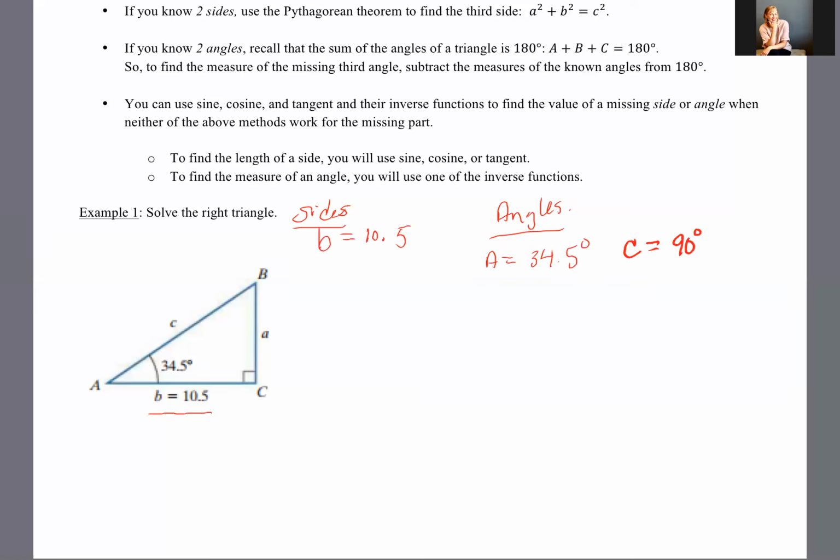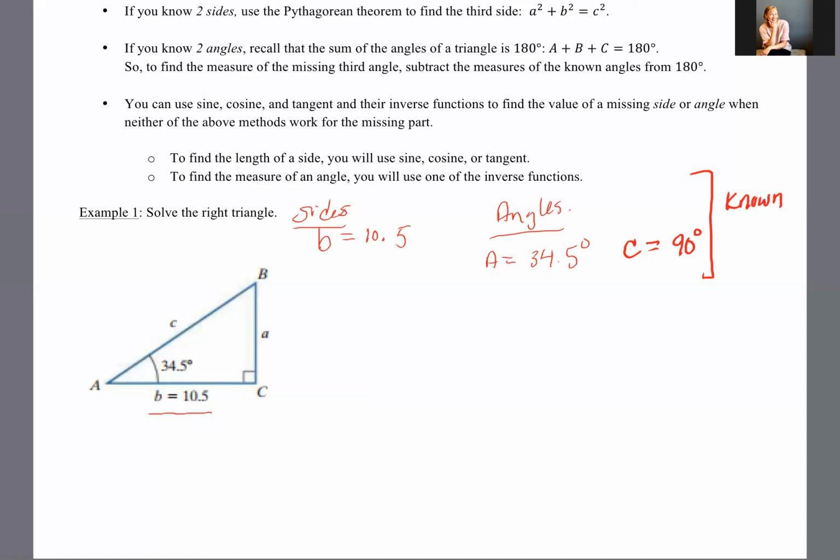So I know 3 parts for this triangle, 1 side and 2 angles. I'm going to find the other parts. So these are the knowns of the triangle.